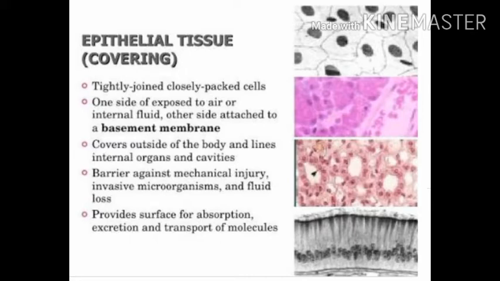They also offer protection from microorganisms, and they prevent any loss of fluid inside the body. So they are covering as well as protective tissues. Not only that, epithelial tissues are suitably modified for absorption of substances inside the body, for transportation of molecules, and they also secrete certain kinds of substances inside the body.